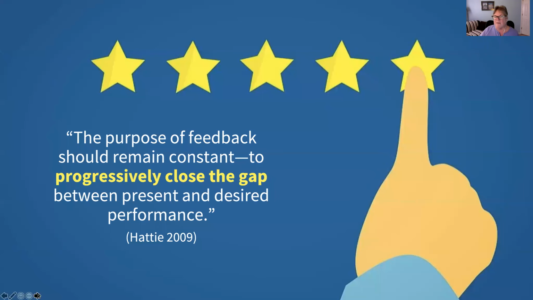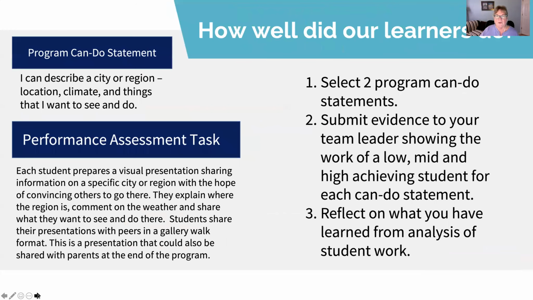All of this is part of that feedback cycle, so that as we're looking at the performance at the lesson level, we're thinking about where they are and where we want them to be, so that we're redesigning our lessons and giving feedback so they are going to have success on that final performance. We think this is really an important piece. The feedback to students is critical, but feedback to ourselves as instructors is equally important.